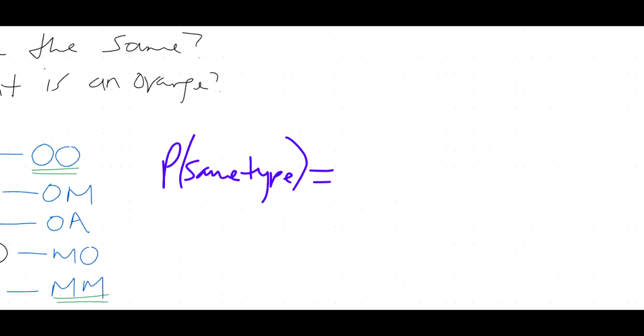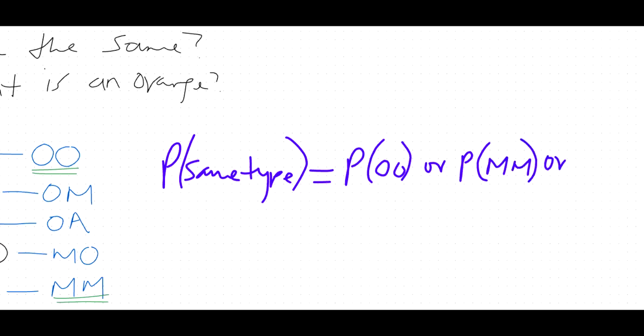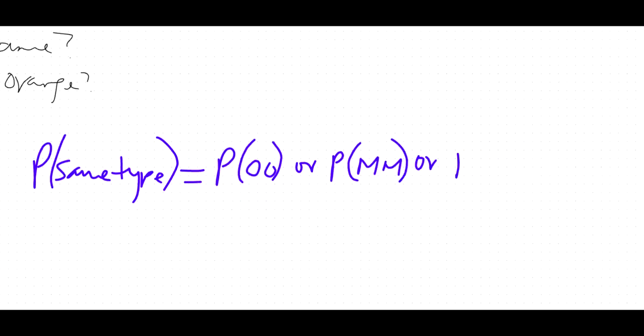So same type will be the probability of observing an orange and an orange, or probability of observing mango and another mango, or probability of observing an apple and another apple, like that.